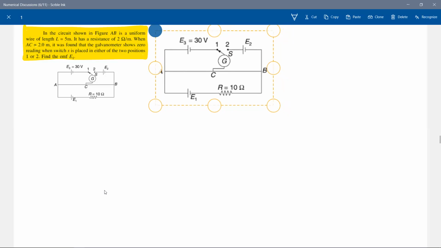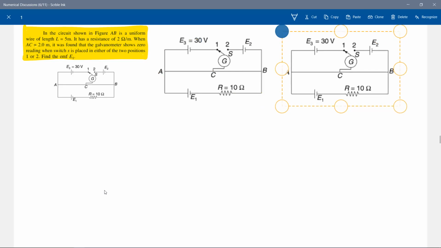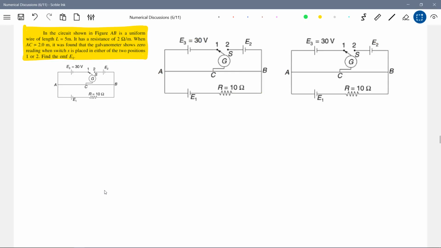Here only, instead of drawing, we can adjust things here. When AC is 2 meter, it was found that the galvanometer shows zero deflection when the switch is placed in either of the two positions, 1 or 2. Find the EMF E1.